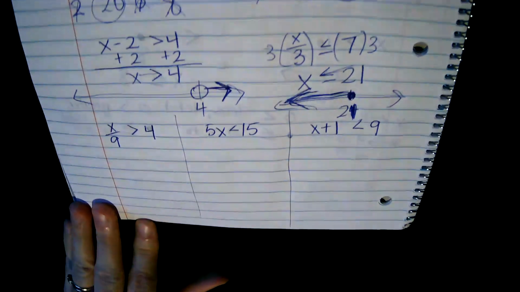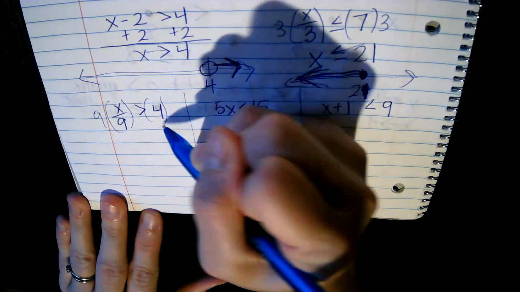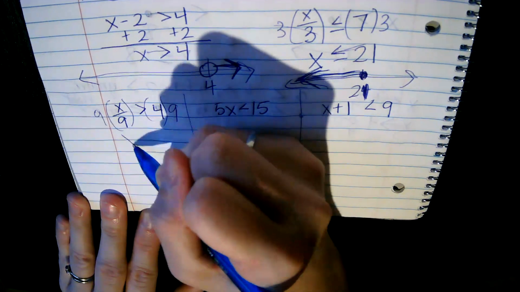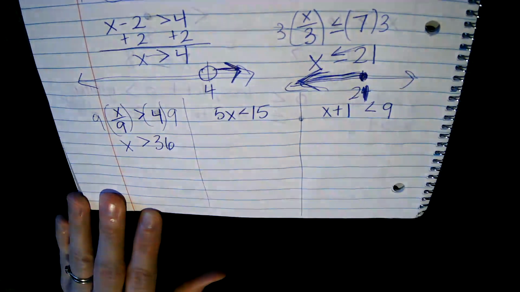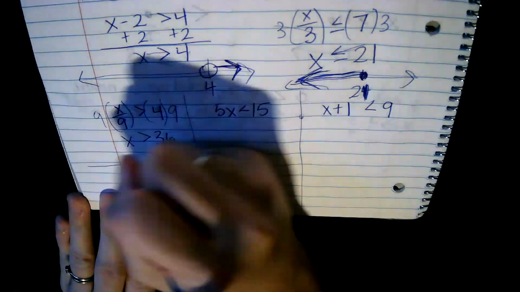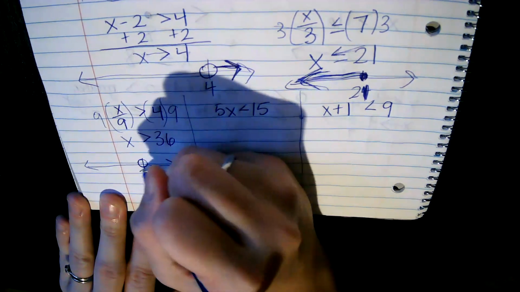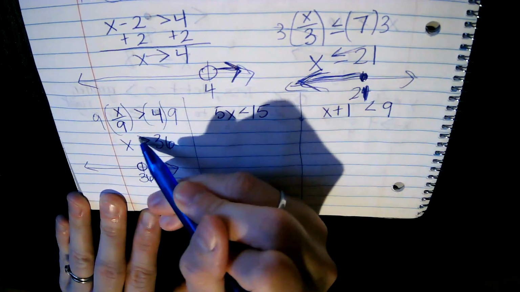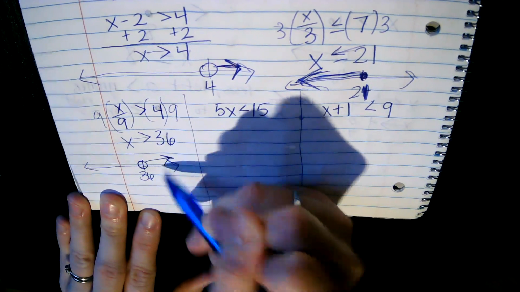Remember, to undo division, you have to do what to both sides? So you have 1x is greater than 36. Right? So you would find the 36, plot an open circle, and your arrow is going to be the same direction. Look, right? That way.